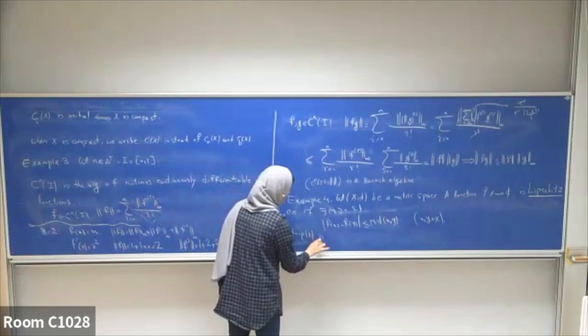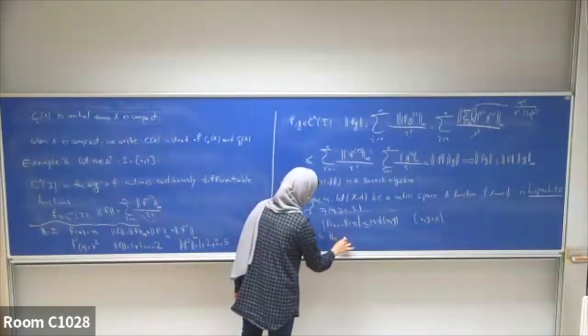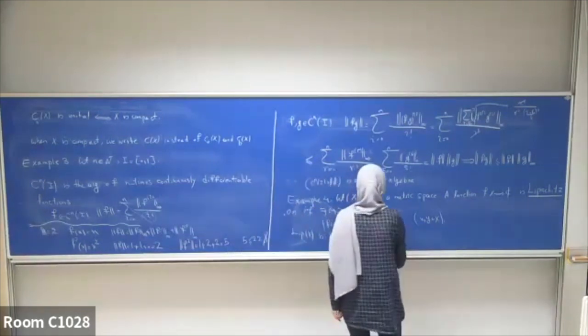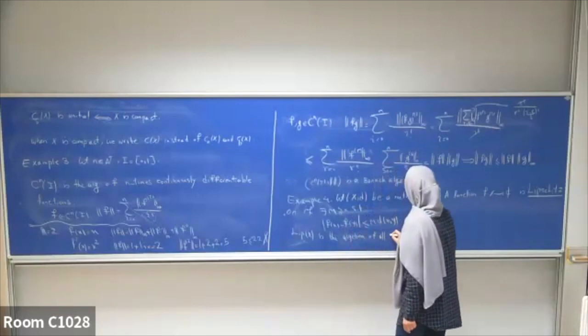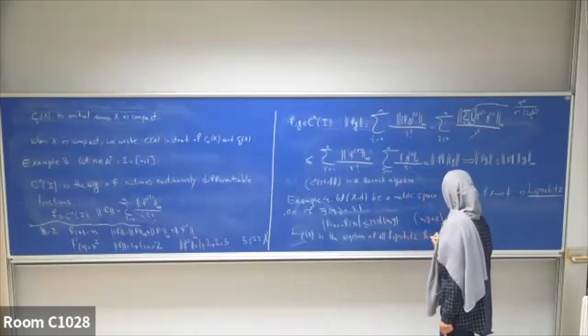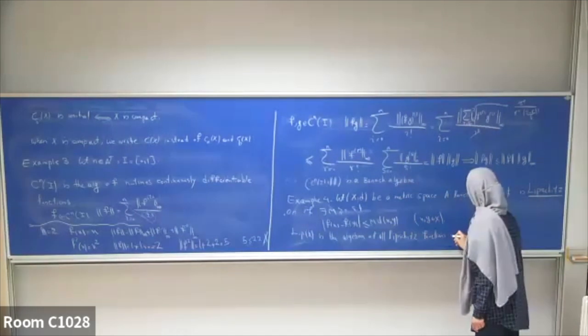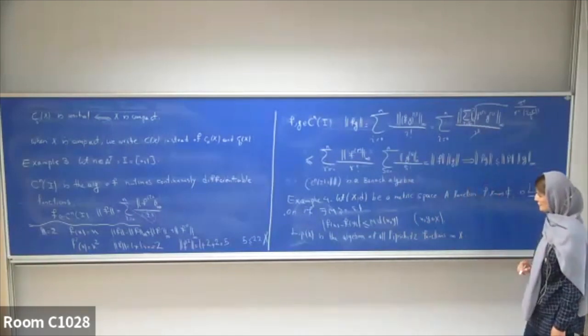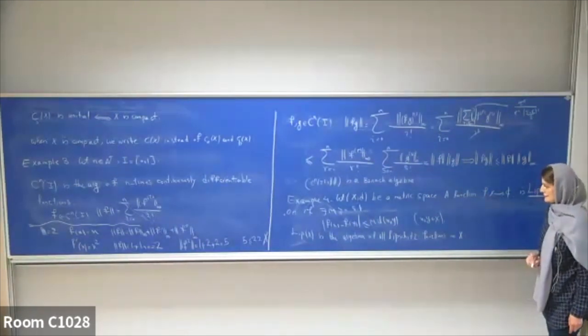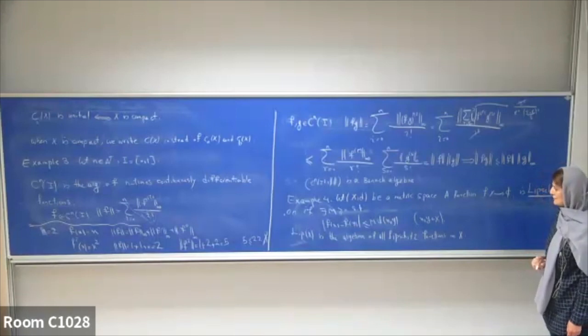Lip(X) is the algebra, with pointwise operations, of all Lipschitz functions on X. This is a subalgebra of C(X), but because of the Stone-Weierstrass theorem, it's dense in C(X).